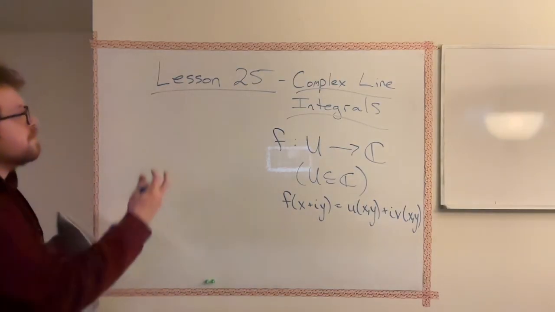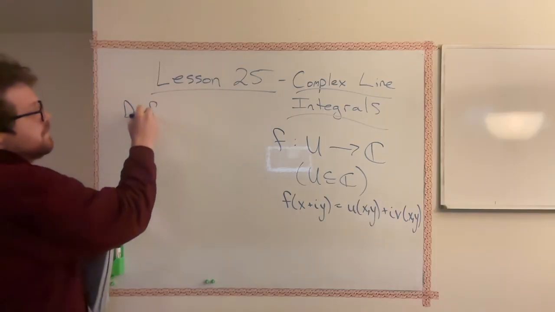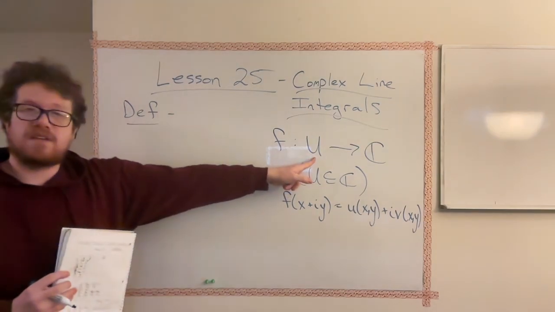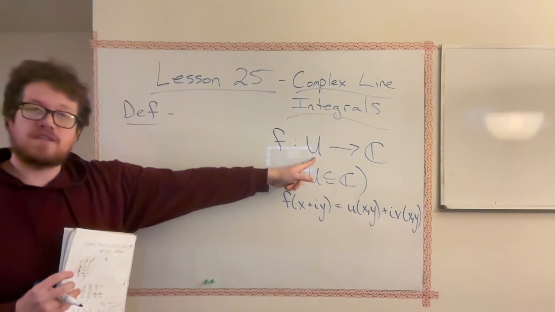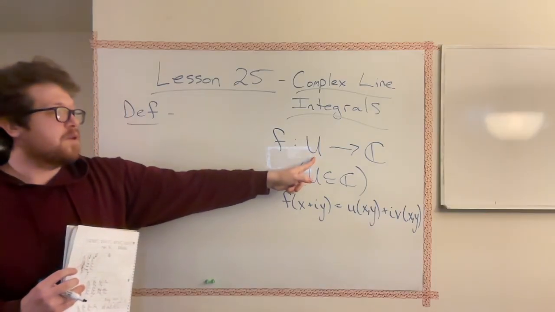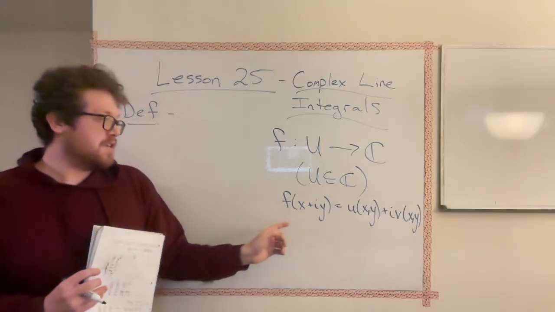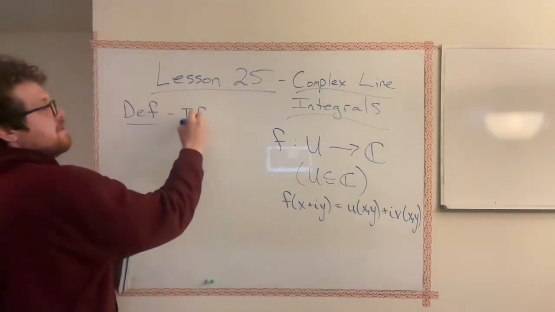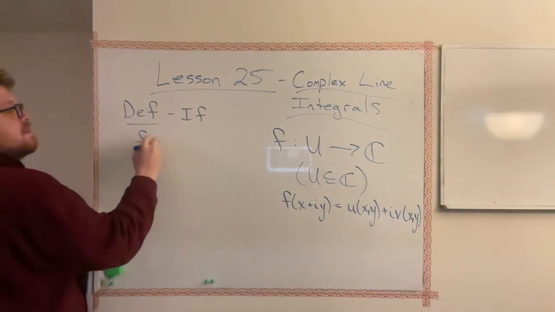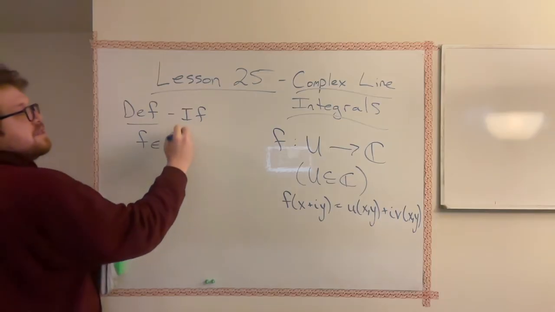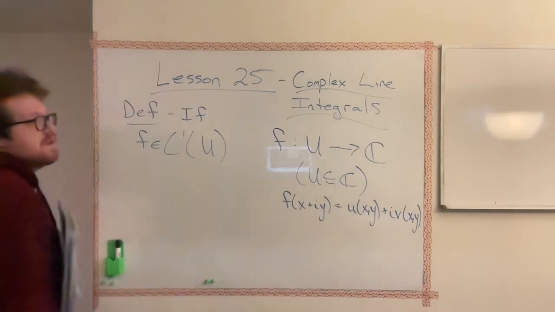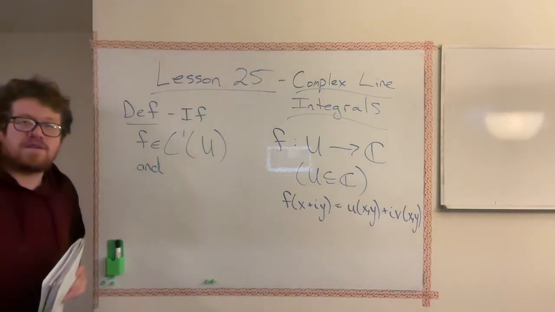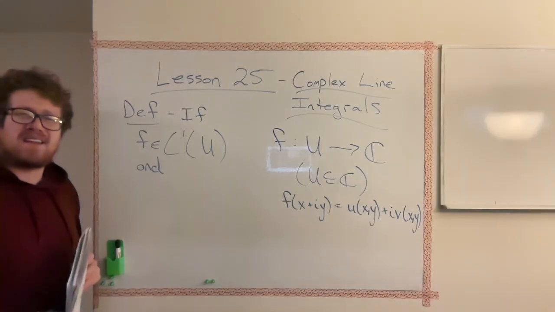Then we had a definition: if this function is C1, which means it's continuous and its derivative is continuous at all the points in U when we view it as two real functions, which we write as f in the set of C1 functions on U. And we define this special notion, which I went back in the text and read about.